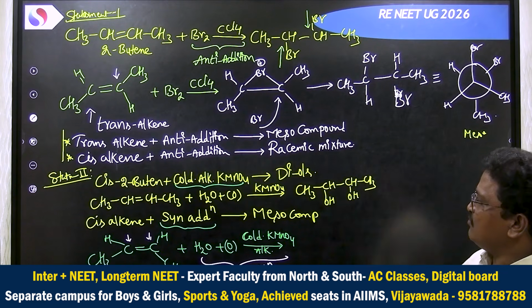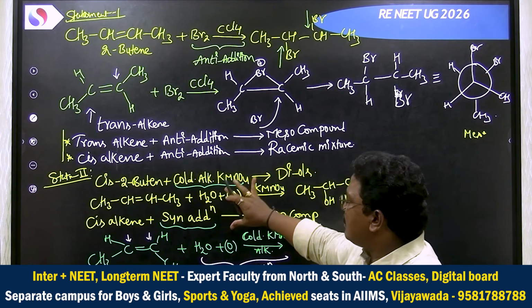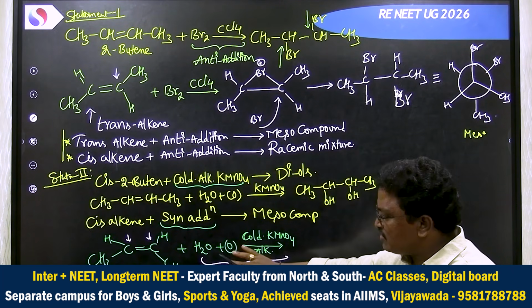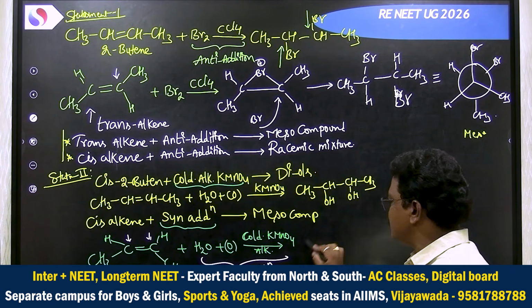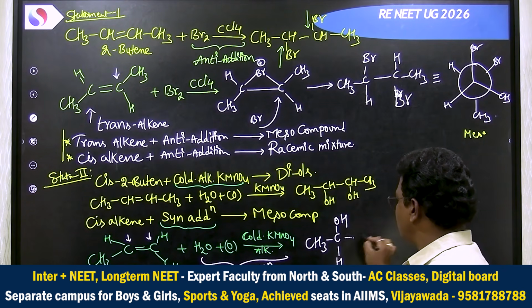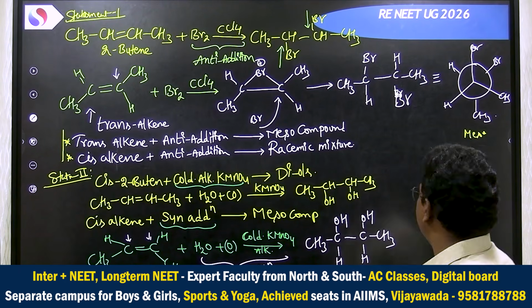Trans addition means anti addition, and then there is syn addition. In the cold alkaline KMnO4 case, the addition reaction takes place, and that too syn addition. Here the product is CH3, OH, H, OH, H, CH3. Simple.